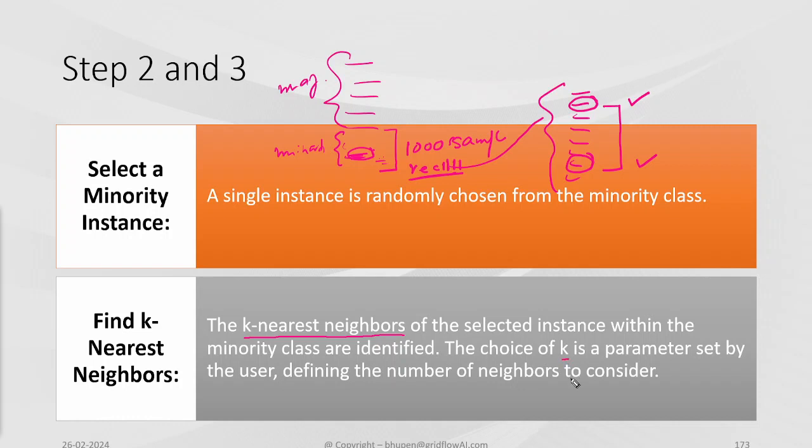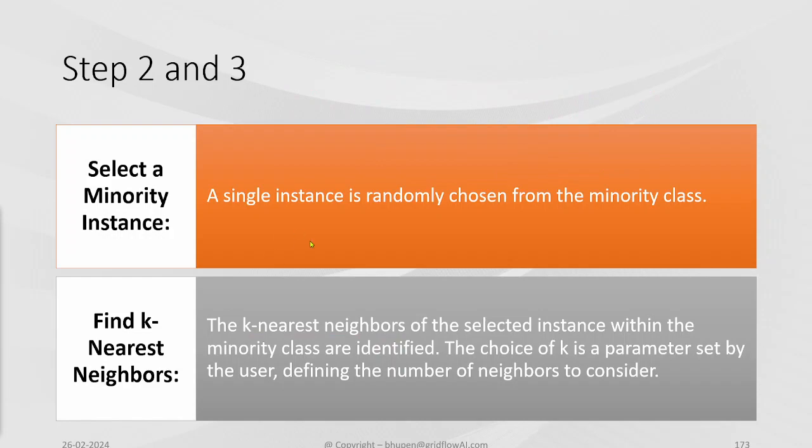That means it is another hyperparameter, which also means additional tuning effort. So we need to find out the optimal value of k for our data set. Usually it's taken as 5 or 3. The default is 5, and we use the 5 neighbors to proceed.